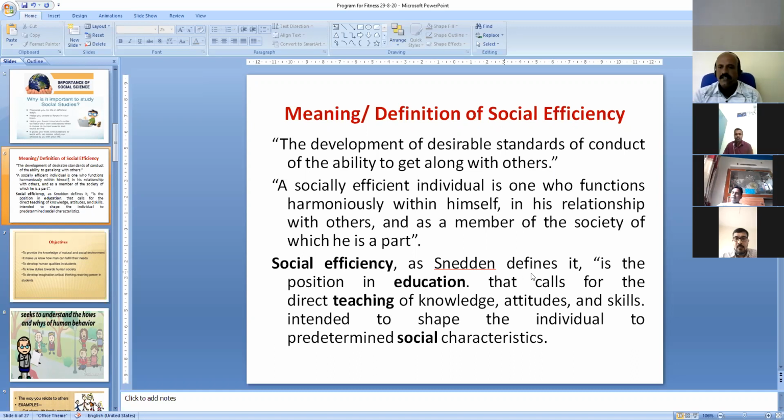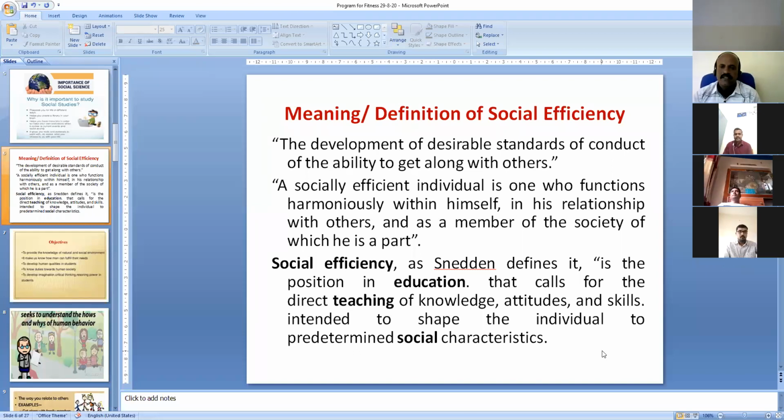And Snyder, an author, also defines social efficiency as a position in education that calls for the direct teaching of knowledge, attitudes, and skills intended to shape the individuals to predetermined social characteristics.